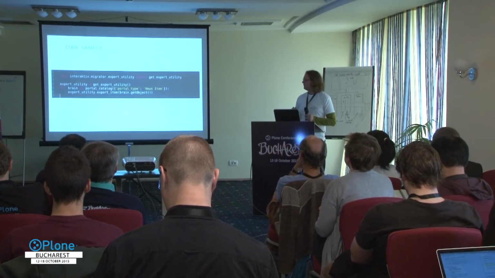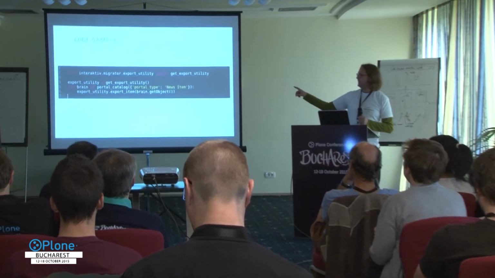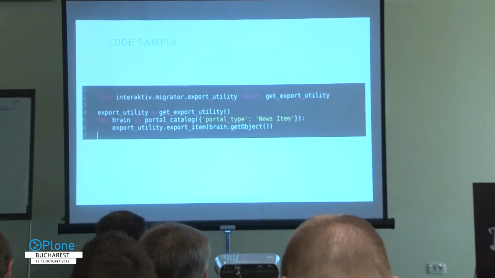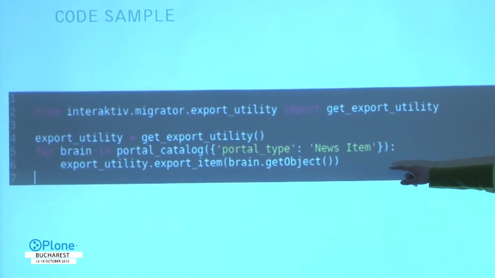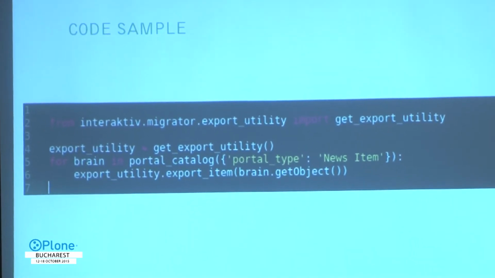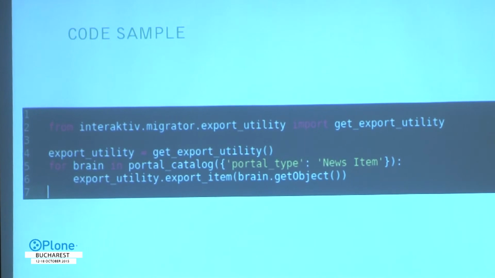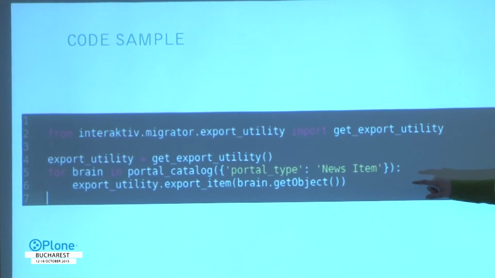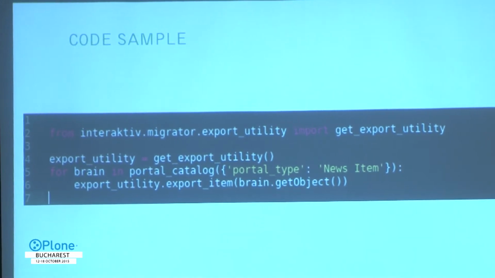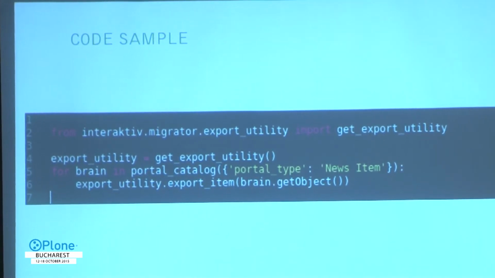So we wrote an export utility, and you can use it in just one call. So what we need in the Plone script is the object, and when we have the object, we could just call the export item method of the export utility, and it will get exported.